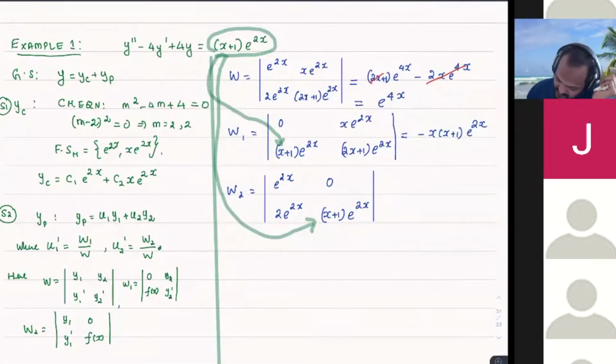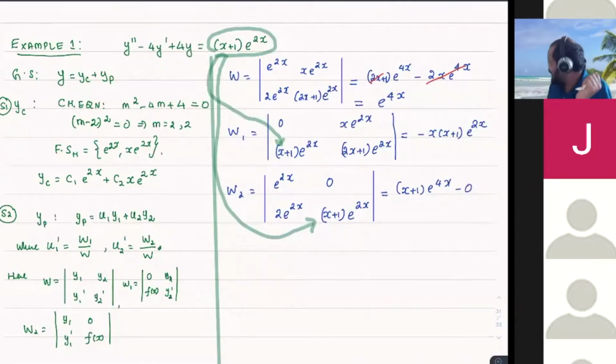All right, so now if I simplify this, ladies and gentlemen, I'm going to have x plus 1 times e to the 4x minus 0. Just give me a minute.